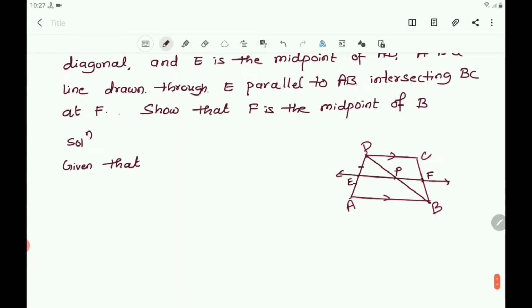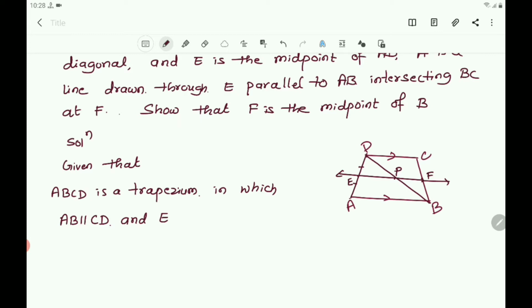Given that ABCD is a trapezium in which AB parallel to CD, and E is midpoint of AD, and EF parallel to AB.